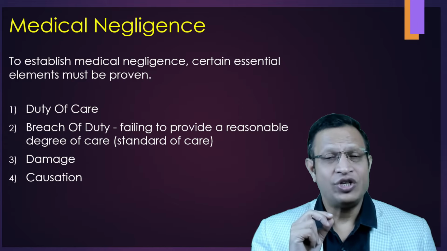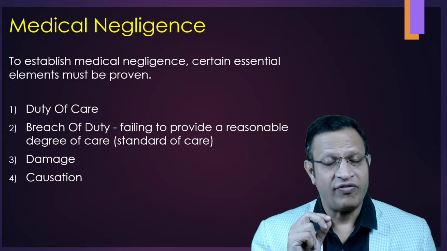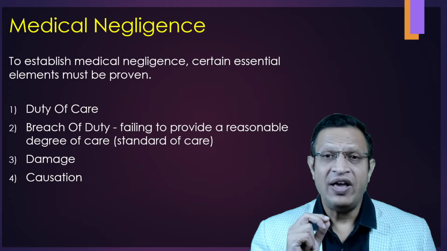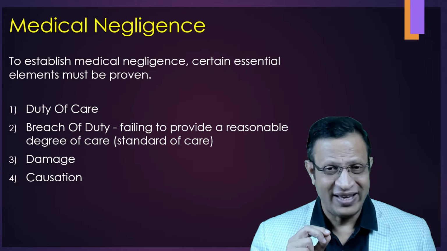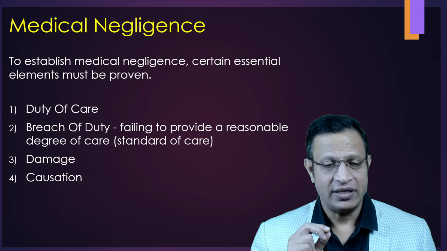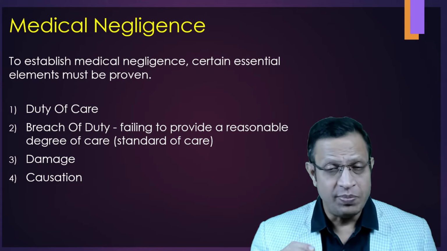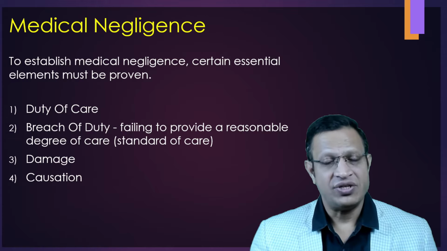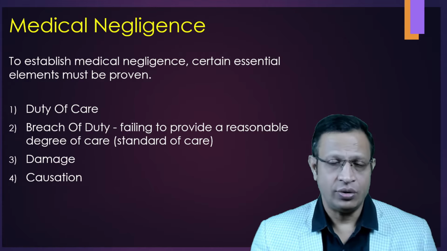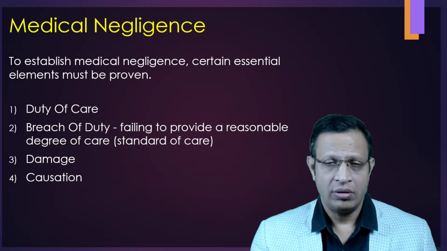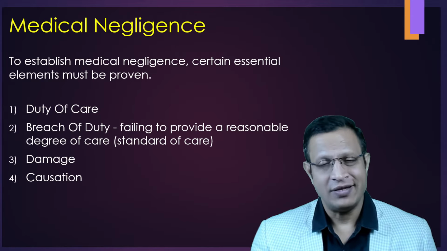That is, there should be an act of commission or an omission, that is, failing to provide a reasonable degree of care. That is, the standard of care is not given by the doctor. Because of this breach of duty, there is damage, and the damage is directly related to the breach of duty. These 4 need to be established in the court of law. Then only will medical negligence be established.